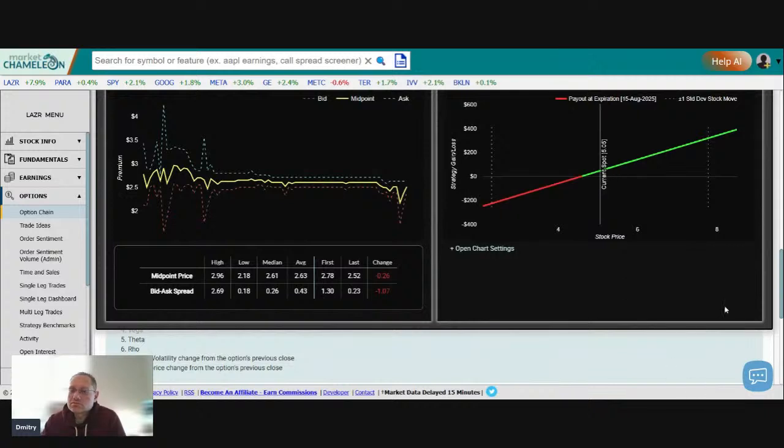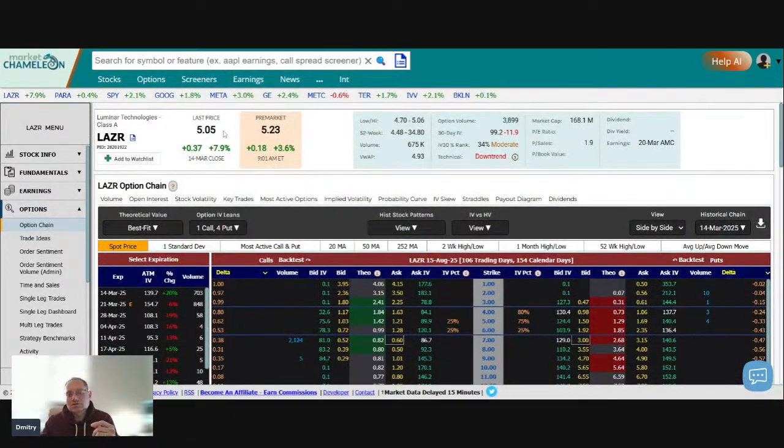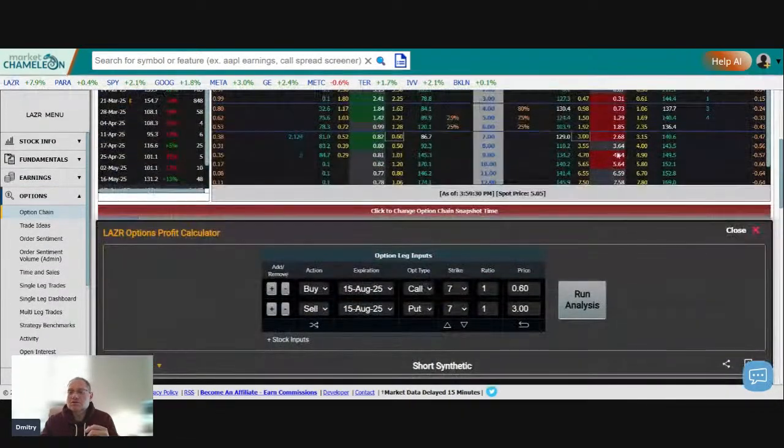So over here, your current price, the synthetic price is right here, let's say 4.65. But the spot price is 5.05, so you're buying it at a synthetic discount.